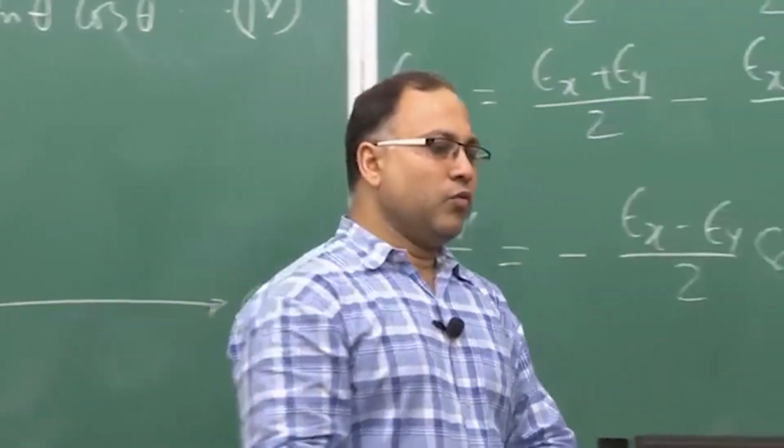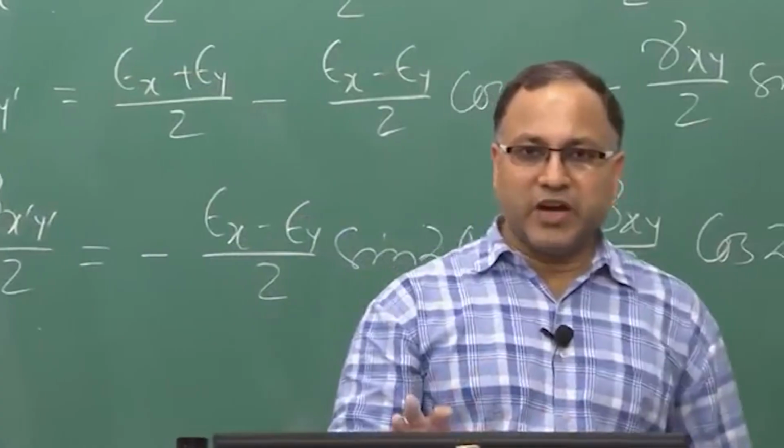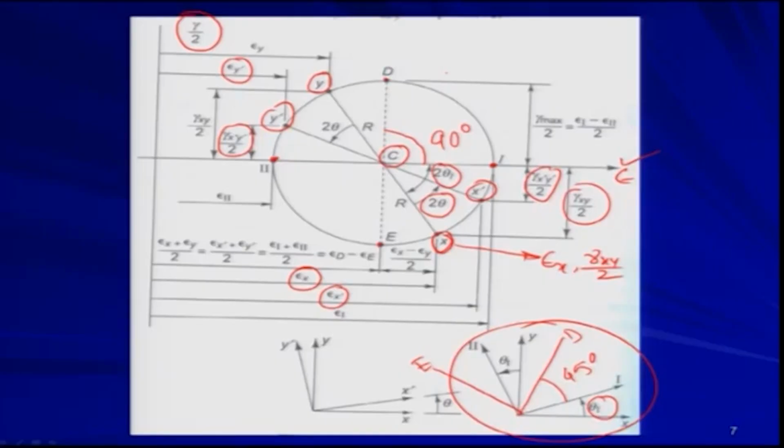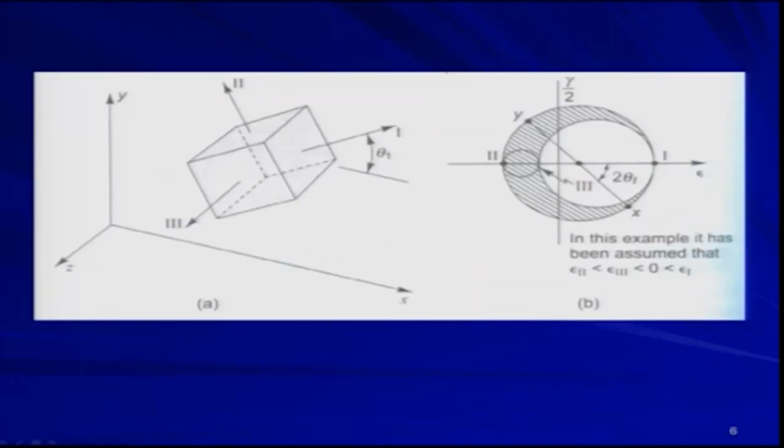Now, once you have the Mohr circle for strain in the plane strain condition, we can draw the Mohr circle of strain for the three-dimensional or general state of strain. That is pretty similar. Again, you get 3 different principal strains, epsilon 1, epsilon 2 and epsilon 3.